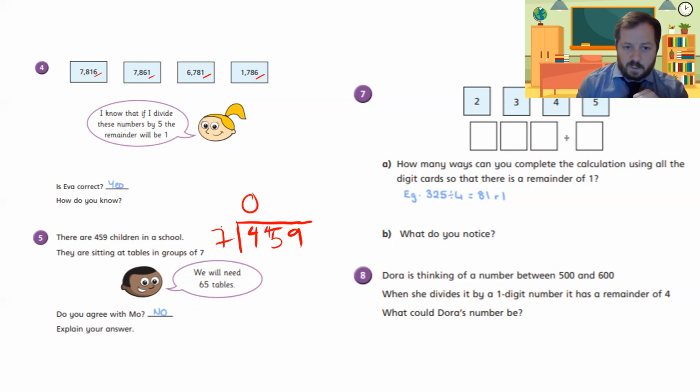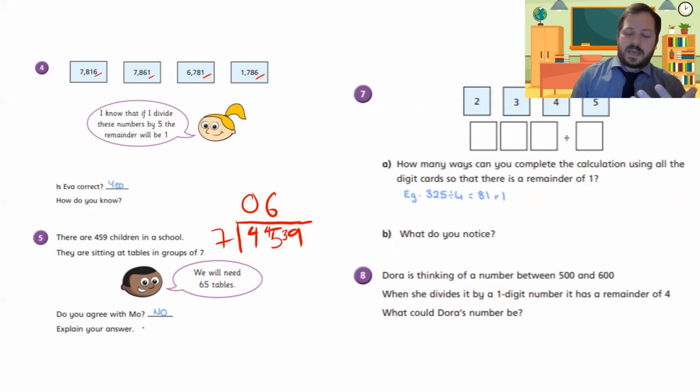We do 45 divided by 7. We can go through our 7 times table: 7, 14, 21, 28, 35, 42. That's as close as we can get, and that's 6 with 3 left over.